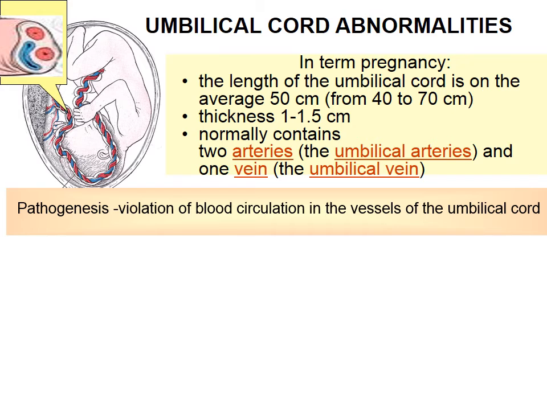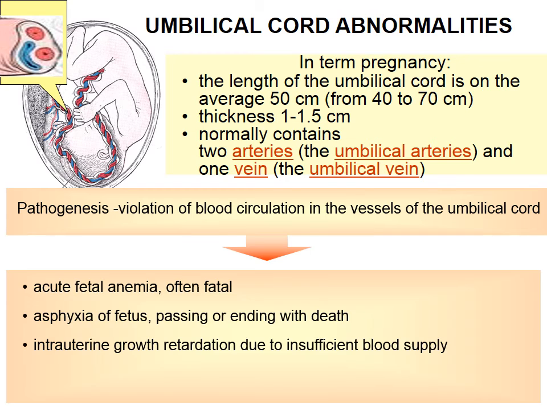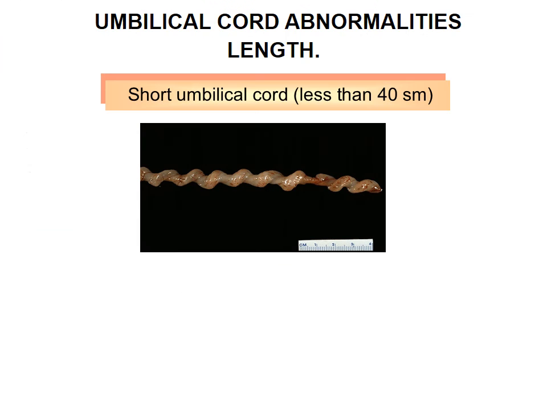Violation of blood circulation in the vessels of the umbilical cord causes acute fetal anemia, often fatal, asphyxia of the fetus passing or ending with death, and intrauterine growth restriction due to insufficient blood supply. Short umbilical cord.